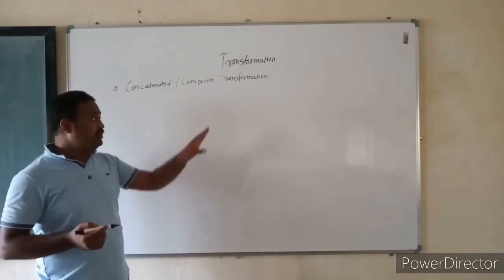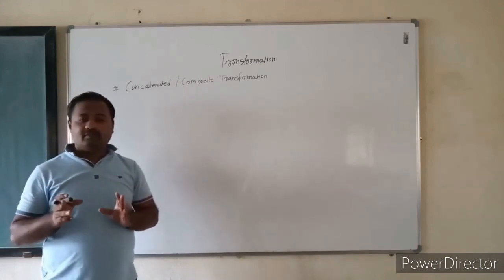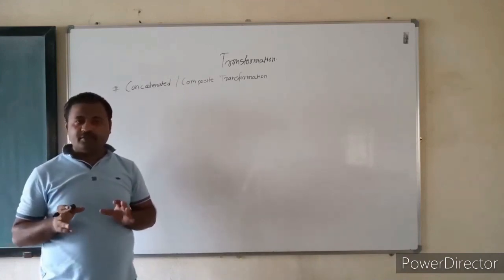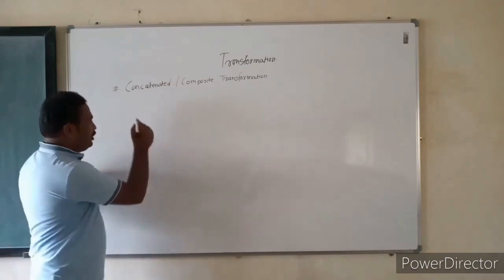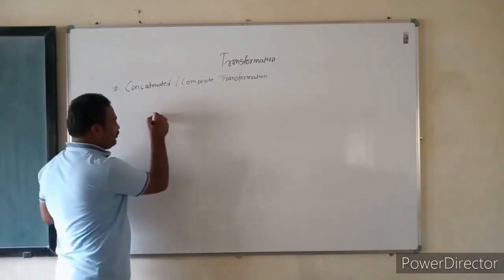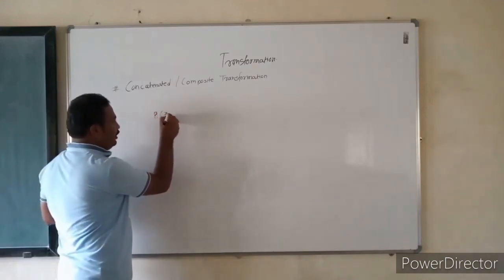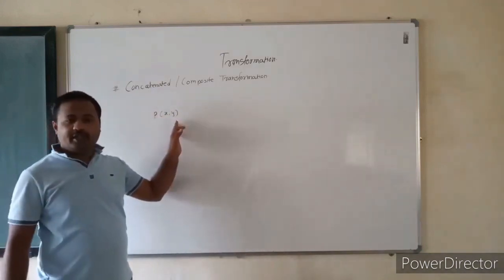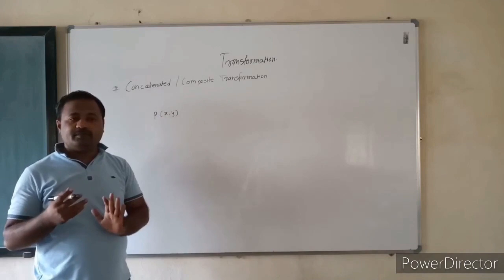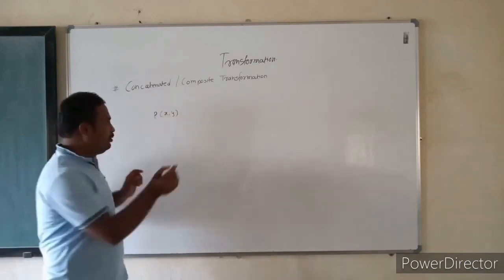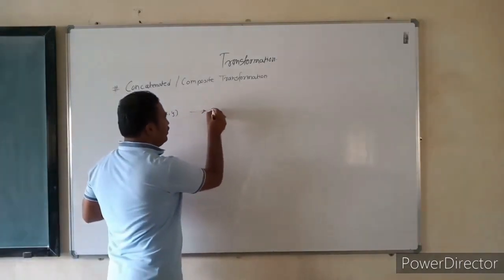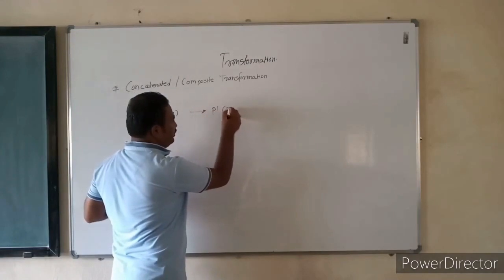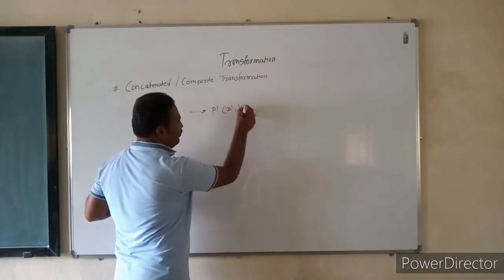For this we take one example. Consider point P(x, y). P's coordinates are x and y, to be transformed to the new position P dash, (x dash, y dash).